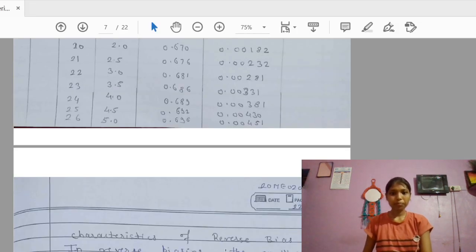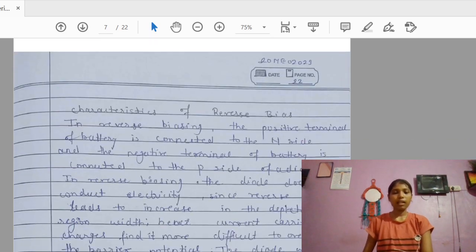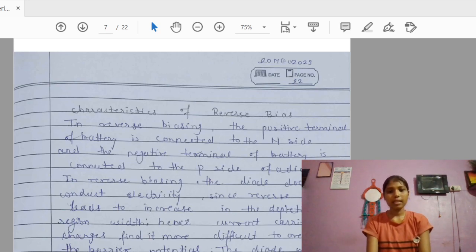And these are the characteristics of reverse bias. In reverse biasing, the positive terminal of the battery is connected to the N side and the negative terminal of the battery is connected to the P side. In forward bias, the positive terminal of the battery is connected to the P side and the negative terminal is connected to the N side. There is a reverse condition between these.